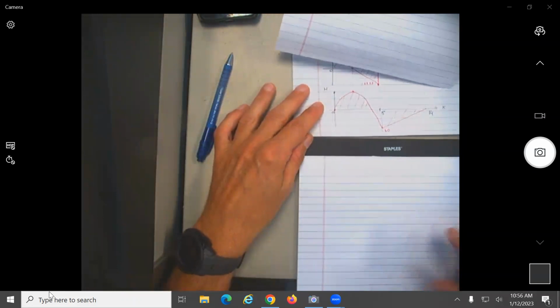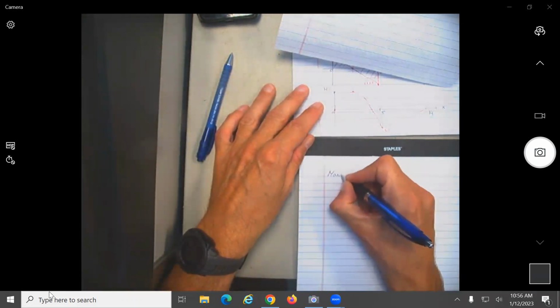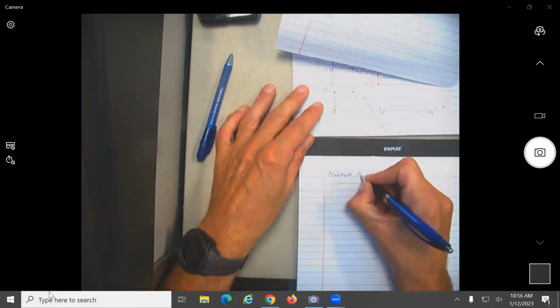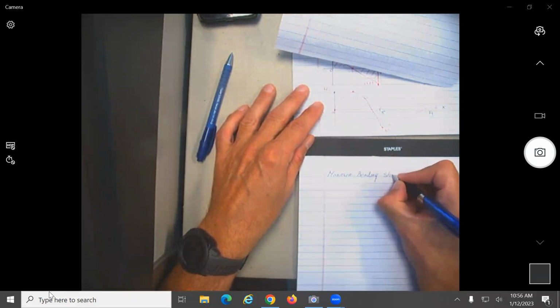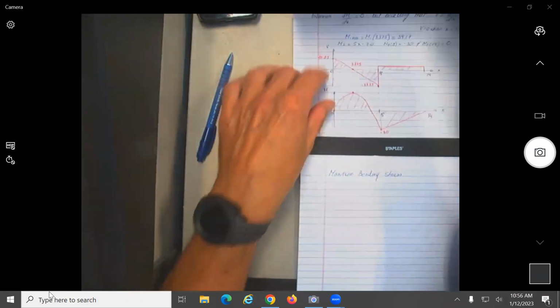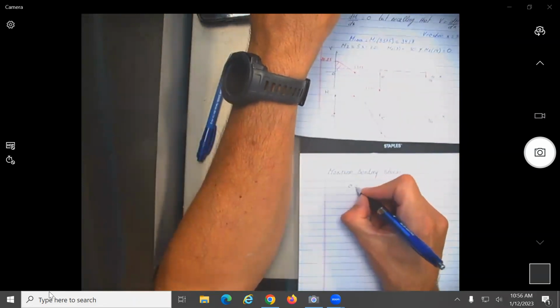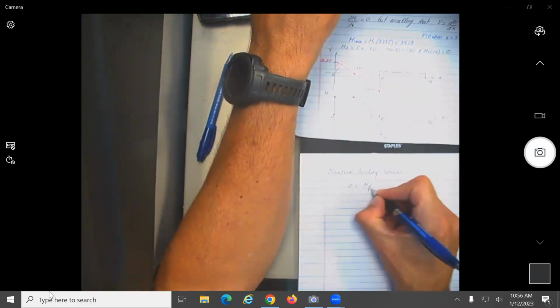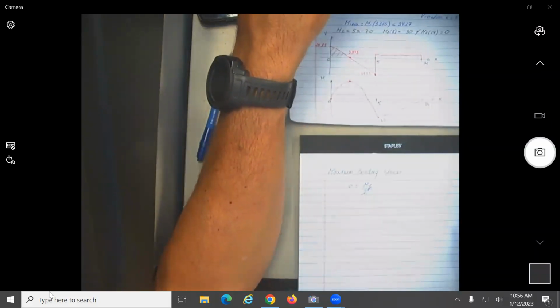So for example, let's say now you need to find maximum bending stress. What is the expression for bending stress? It is My over I, no?